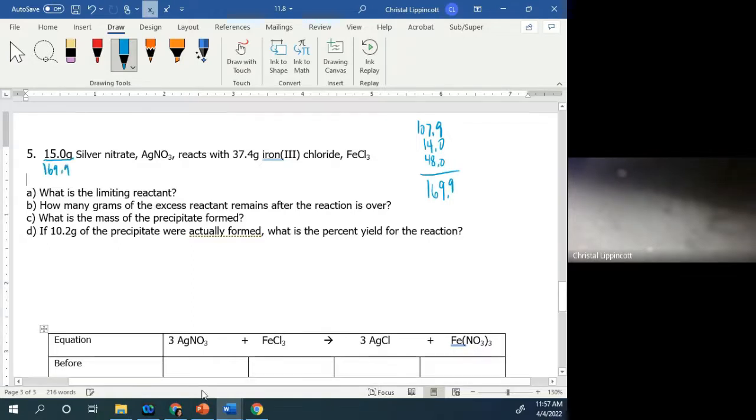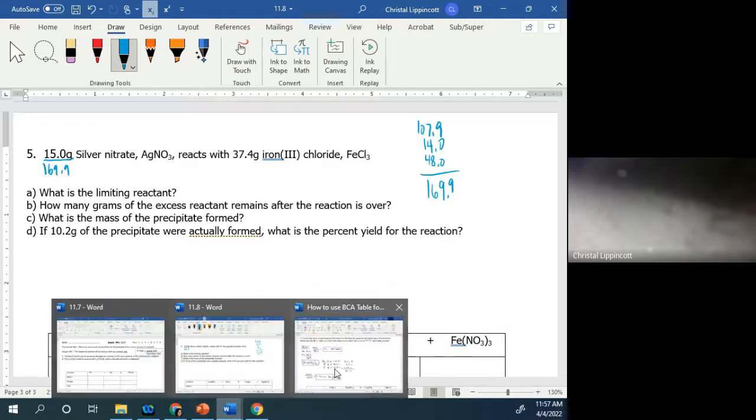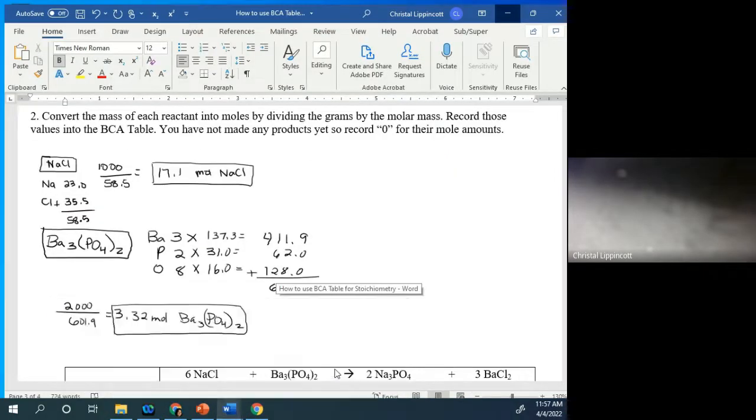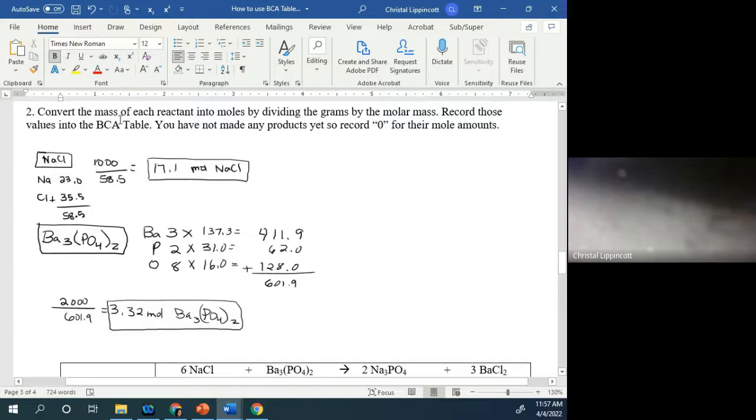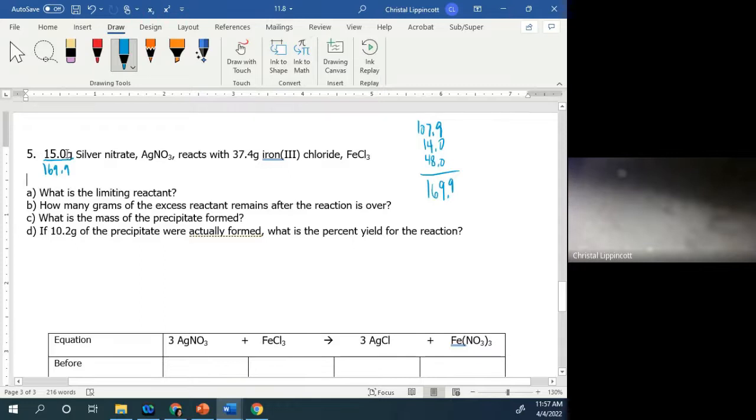That's what I've told you to do in the directions here. Convert the mass of each reactant into moles by dividing the grams by the molar mass. And that's what we're doing. So we're going to take the grams here and divide by the molar mass.